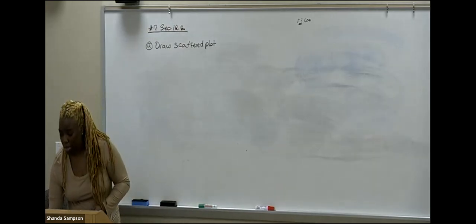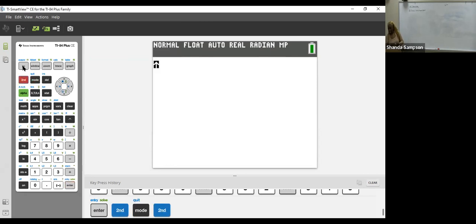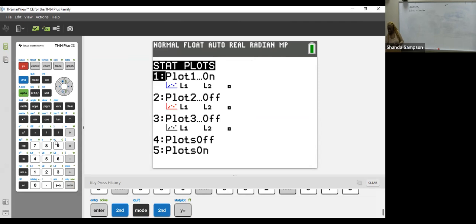So first thing we're going to do is draw a scatter plot. I'm going to go back to my calculator here and draw a scatter plot. I'm not going to hit stat plot, people, because it's already on.